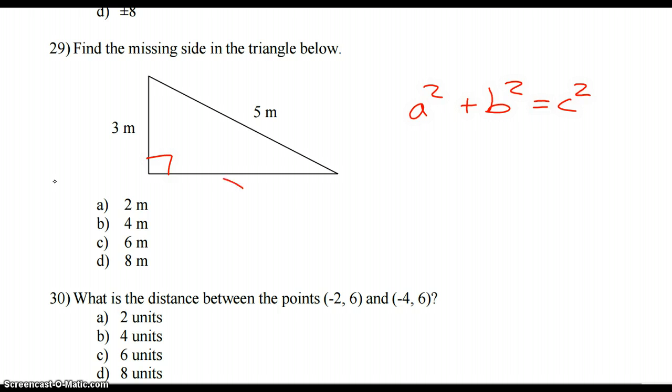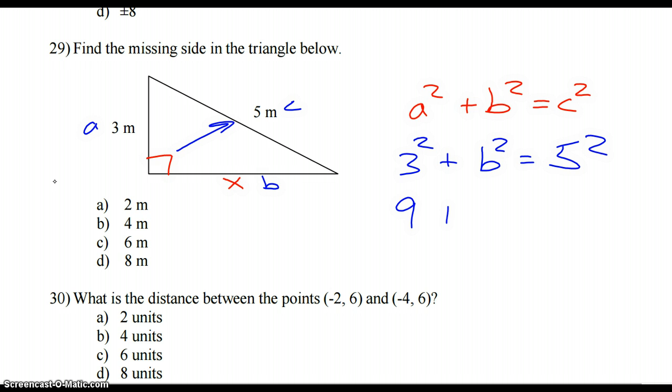All right, so we're solving for this side length. And remember that C is always the opposite side of your right angle. And then this can be A or B, and then this can be A or B, doesn't matter. So I'm going to set this up as 3 to the second plus B to the second, or x to the second, doesn't matter, equals 5 to the second.